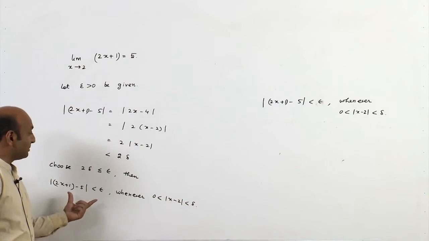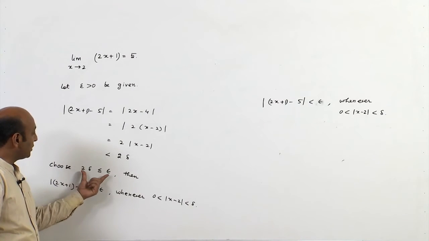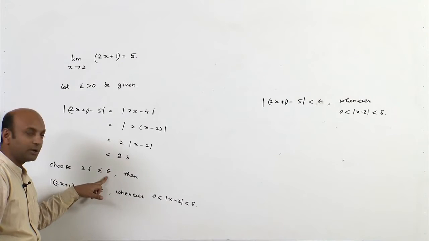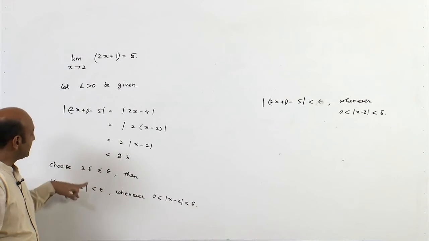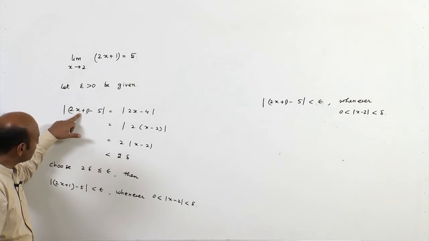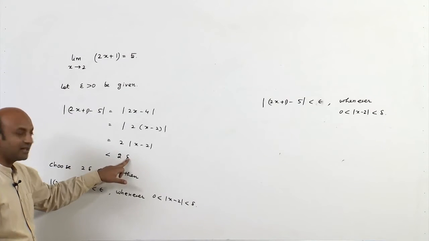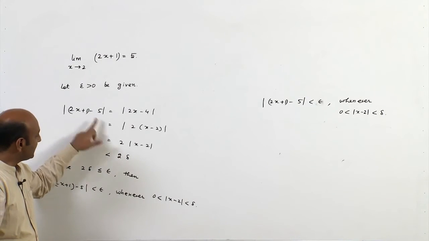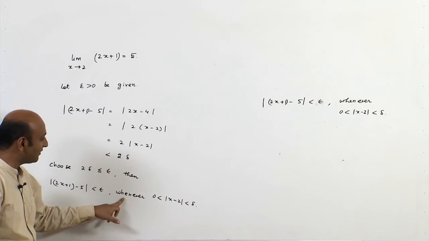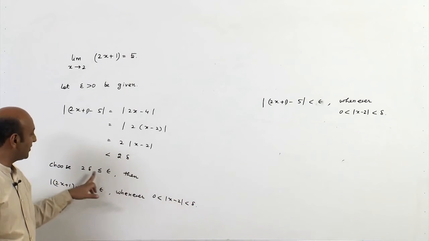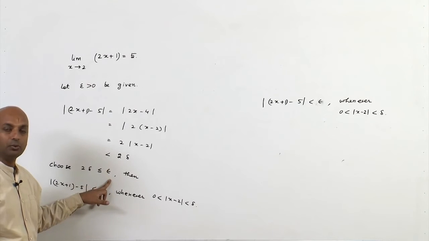This is because whenever you choose delta less than or equal to epsilon by 2, this inequality always holds, because this is less than 2 delta, which is less than or equal to epsilon. So, that means this is less than epsilon whenever mod x minus 2 is less than delta. So, this inequality always holds whenever delta is less than or equal to epsilon by 2.